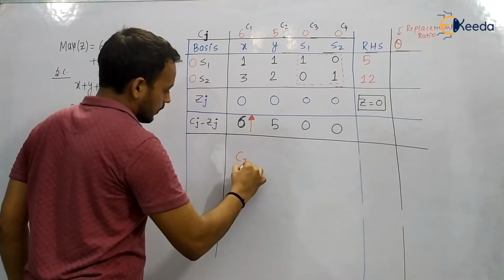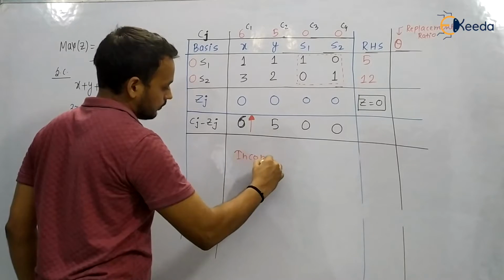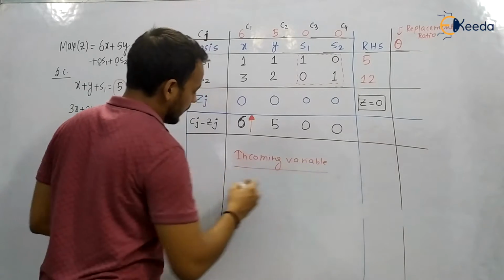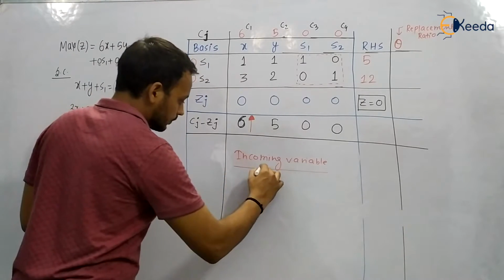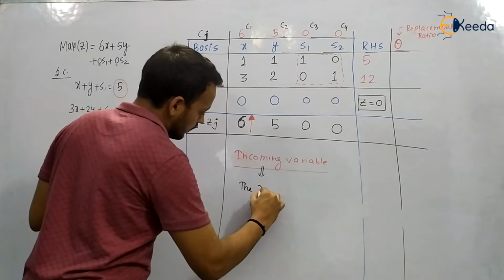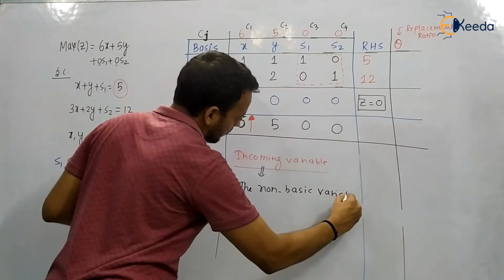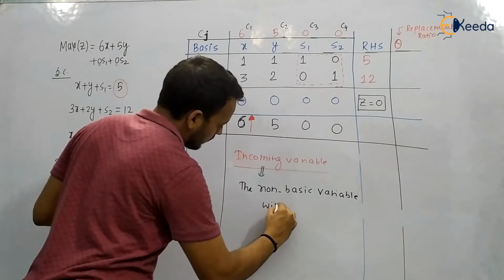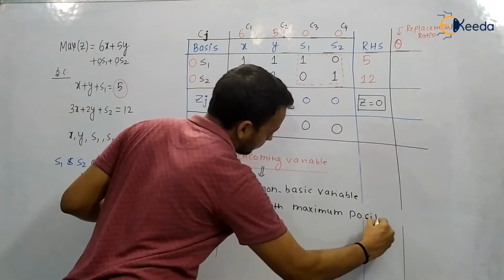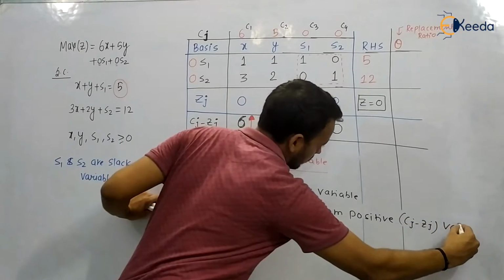Now we have to introduce an incoming variable. What is an incoming variable? It is the non-basic variable with the maximum positive Cj minus Zj value.